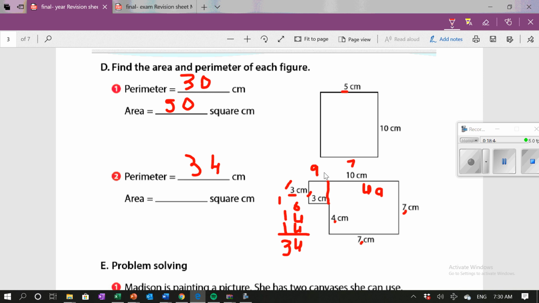The total area is adding 9 plus 49. So let's add it here. 9 plus 9 is 18, and we put 1 up. 4 plus 1 is 5. So 58 square centimeters.